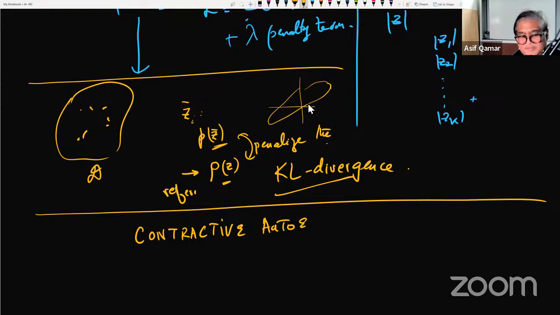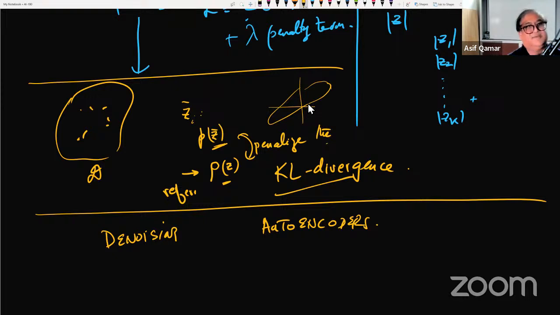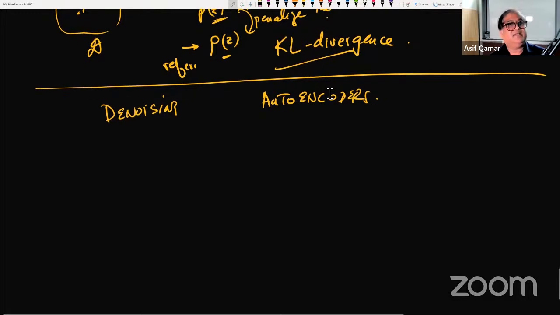Actually, before that, let me give you something easier. Denoising autoencoders. You can do that with either undercomplete or overcomplete, but we typically do it with overcomplete autoencoders.